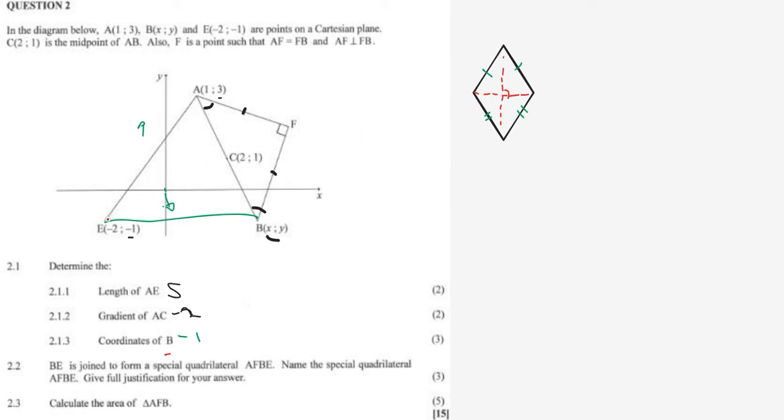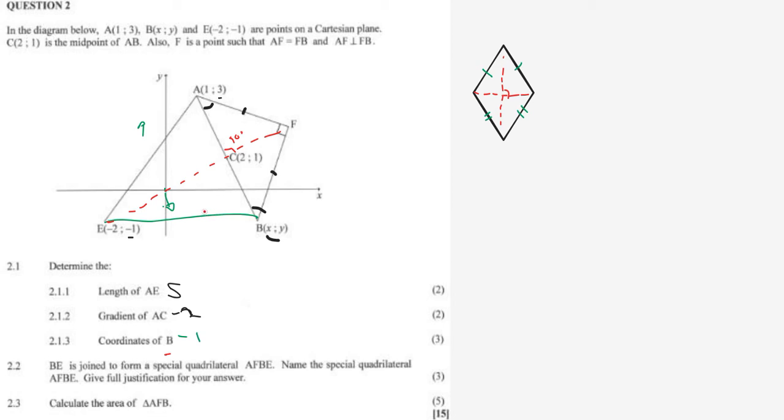So we can then construct a line EF. And if here it is 90 degrees, then it is a kite again. So there are a couple of reasons that you can use to prove that.